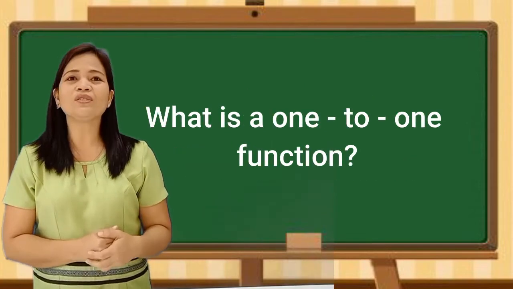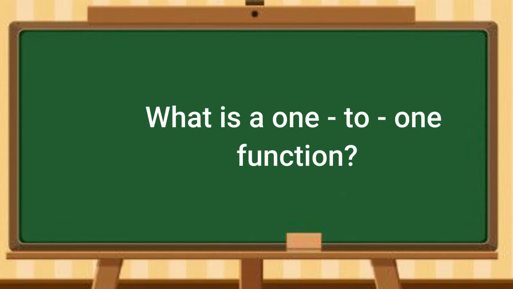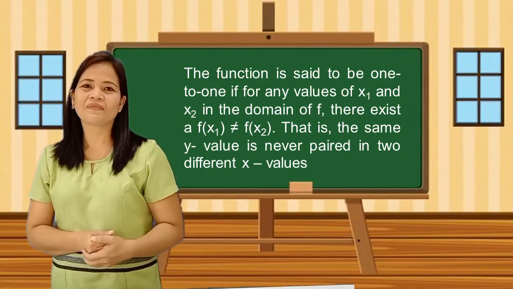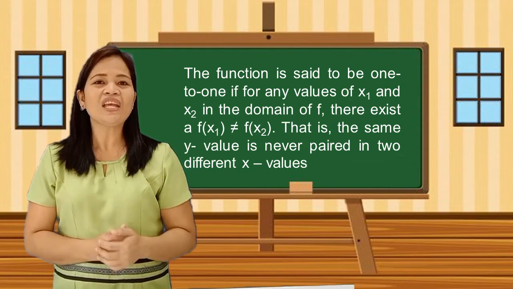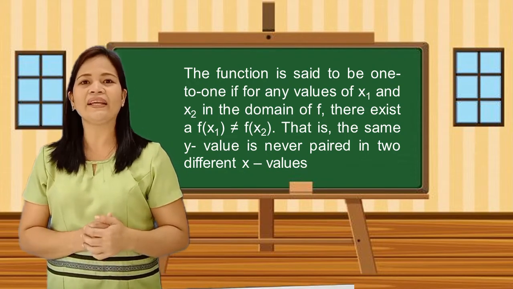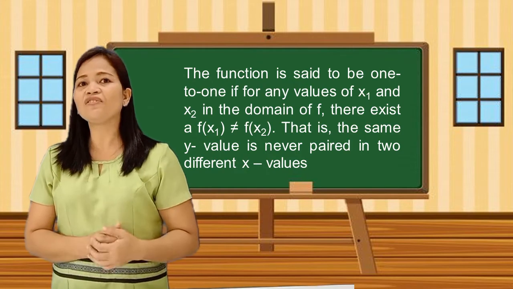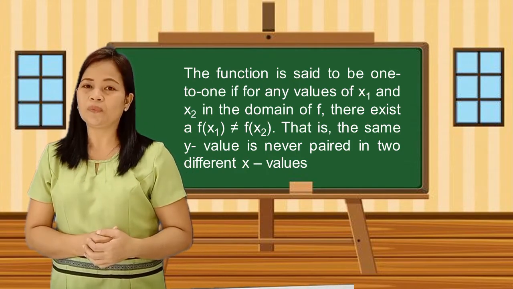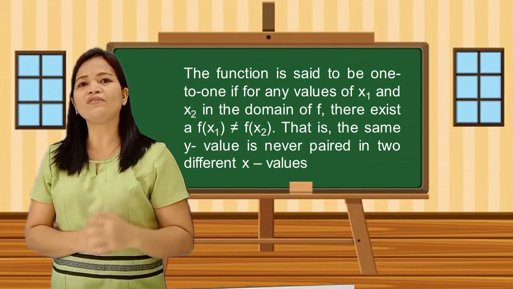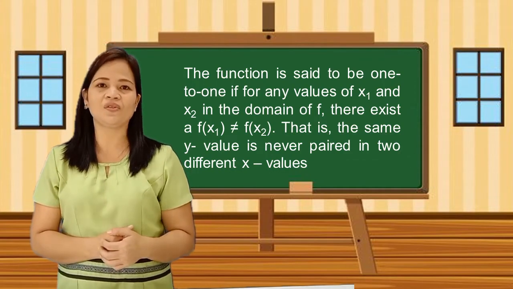So, what is a one-to-one function? Perfect! The function is said to be one-to-one if for any values of x1 and x2 in the domain of f, f of x1 is not equal to f of x2. That means the same y value is never paired with two different x values.